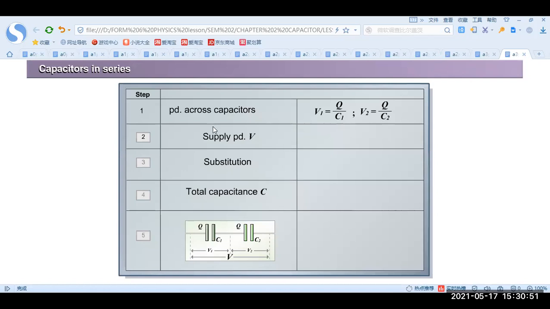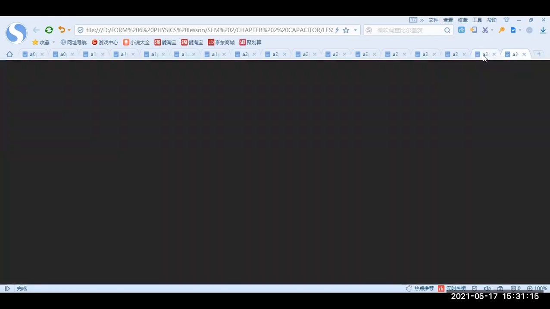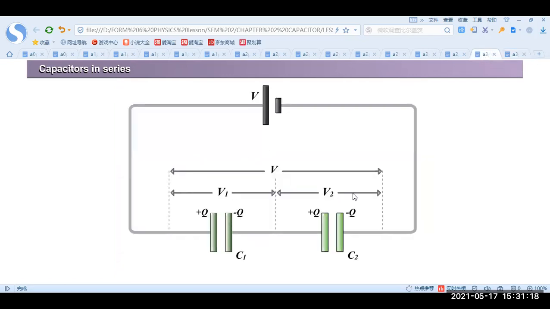The potential difference across the capacitor: V1 equal to Q over C1, V2 equal to Q over C2. The charge still depends on the voltage and also the capacitance. So supply of V, that means V total will be equal to V1 plus V2, because in series, the total voltage is shared between capacitor 1 and capacitor 2.